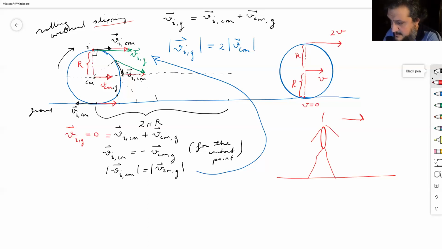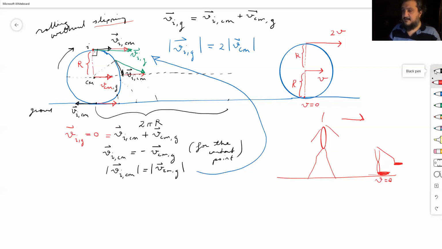As the person's walking, one leg is here. The shoe is on the floor, and the other leg is moving forward. It's in motion, the other leg. Now, the one that is in motion is obviously moving. It has a non-zero speed, but the one that is pressing on the floor is not moving, right? V is 0 here.